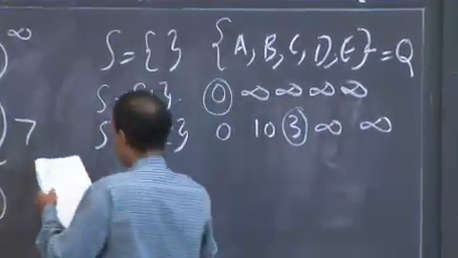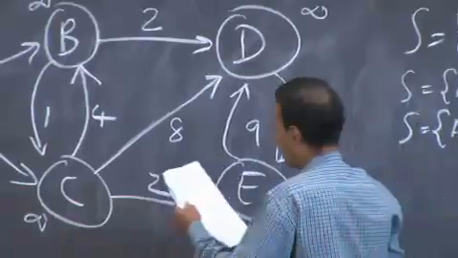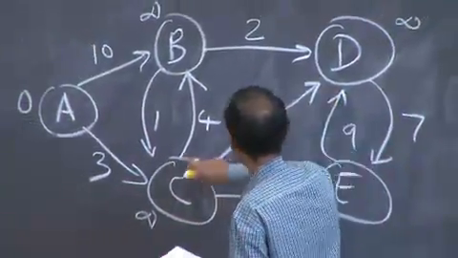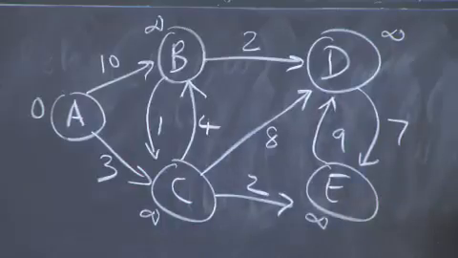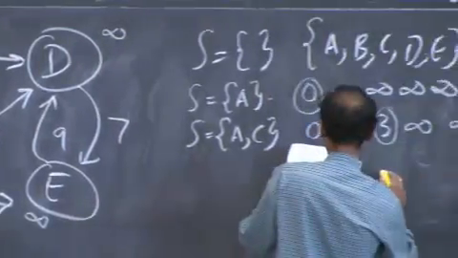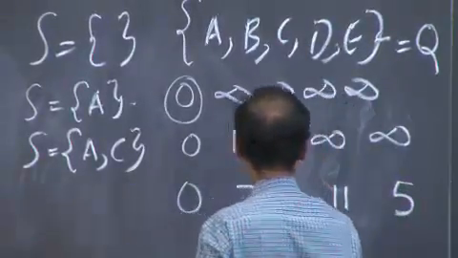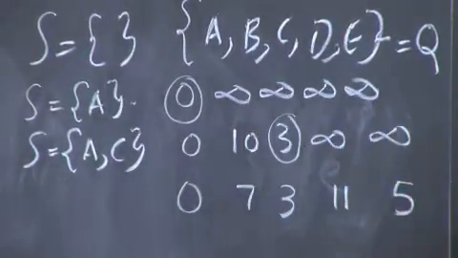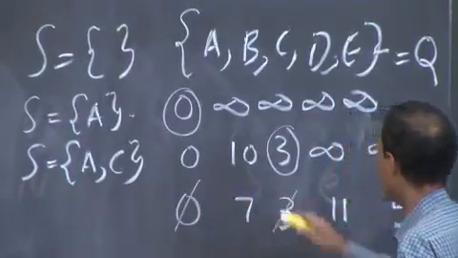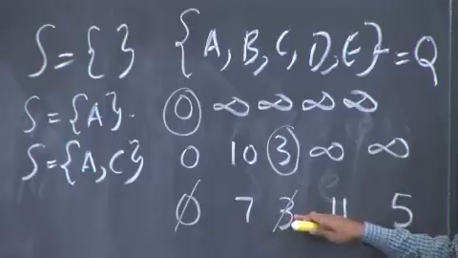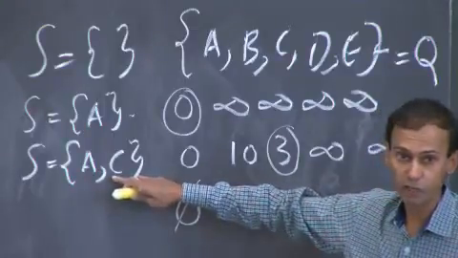And one last one. Once you process C, you're going to end up processing this edge going out here, that edge going out there, this edge going out this way. And you're going to end up with 0, 7, 3, 11, 5. And you've processed a bunch of edges coming out of C. And at this point, 0 is gone and 3 is gone. I'm just writing the values here just so you know what they are. But these are out of the picture because they're in S. Those values should never change.